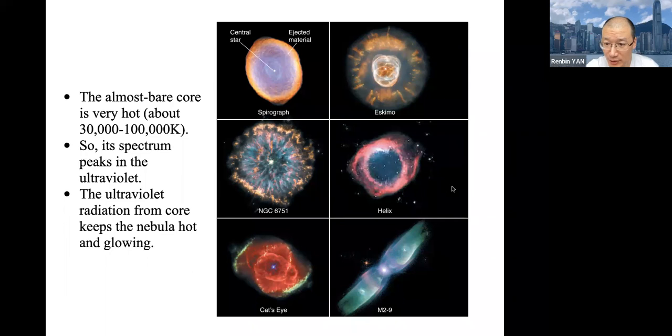And Trinto asks, could you please repeat why for the sun nebula, the material is ejected in the direction of the star's poles? Actually, I don't know for sure what the reason is why material is ejecting in the polar direction. My guess is that it has something to do with the magnetic field, because it's easier for charged particles, for plasma, to go along magnetic field lines than crossing them, right?